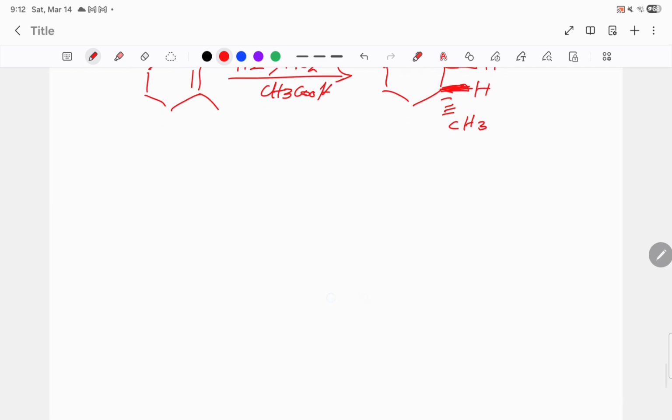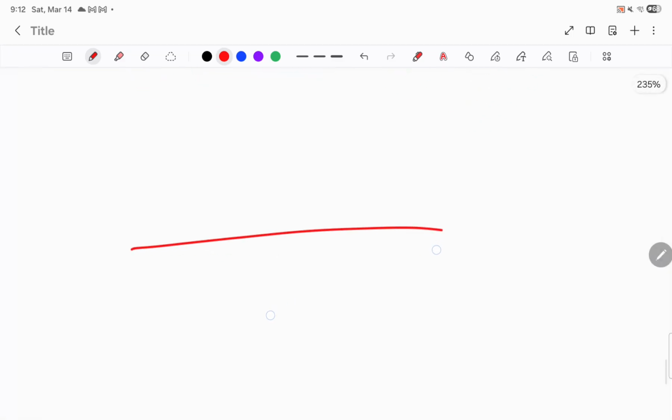Again, it's hard to show the mechanism, but imagine this right here is the surface of the metal catalyst. The first thing that occurs is that molecular H2 will bind to the surface. So watch, now I have H and H bound to the surface of my metal catalyst.